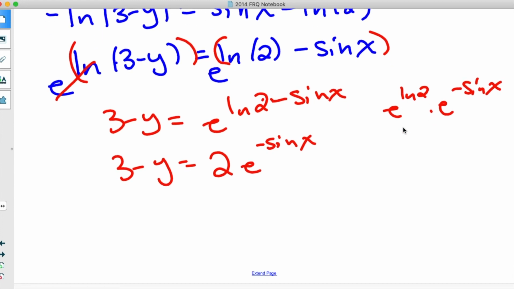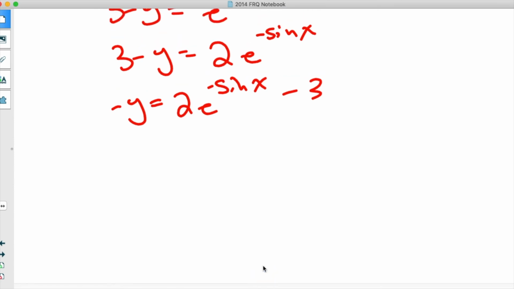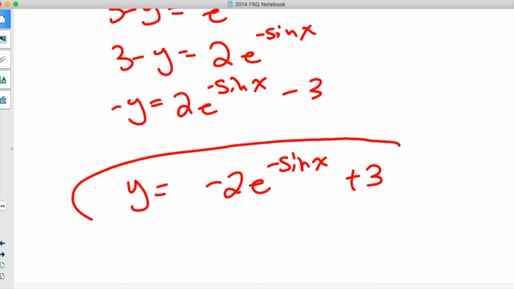Move the 3 over, so negative y equals 2e to the negative sine x minus 3, and then we're just going to multiply by negative 1 to get rid of that. So y equals negative 2e to the negative sine x plus 3, and that is your final answer there.